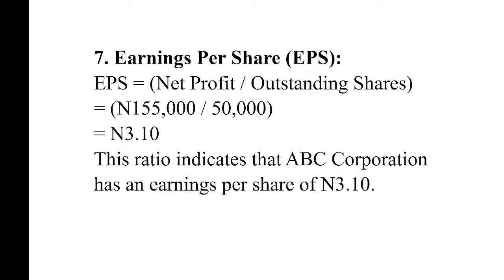I'm going to demonstrate the difference in class when I come. I will try and explain that. Now, the number of shares was given in the question. So we have 3 naira 10 kobo. This ratio indicates that ABC Corporation has an earnings per share of 3 naira 10 kobo.